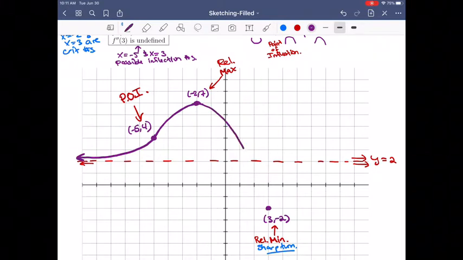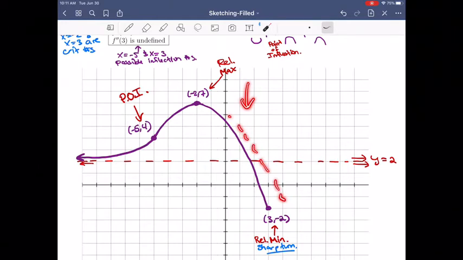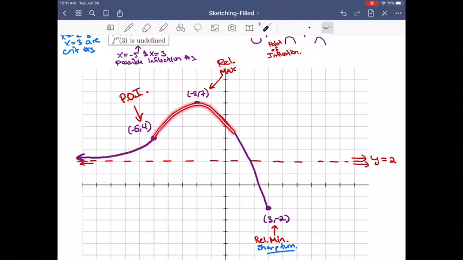And then I want to go all the way down to this point here in a concave down manner. Notice if I dump water from up here, it's just rolling off. It's not collecting. Over here is collecting. This is a concave up shape. But all of this is concave down.